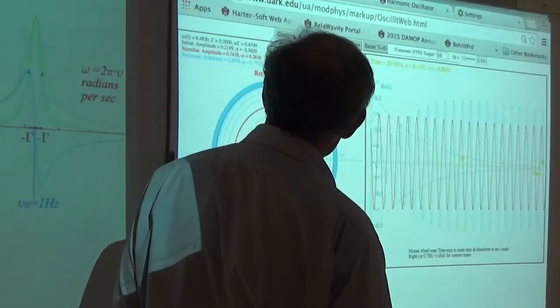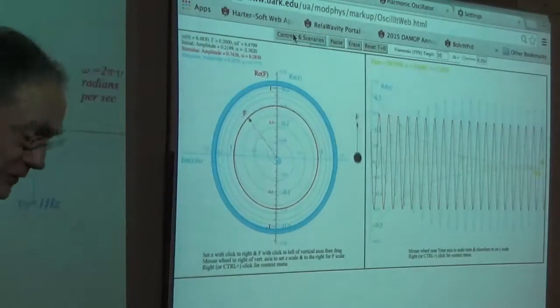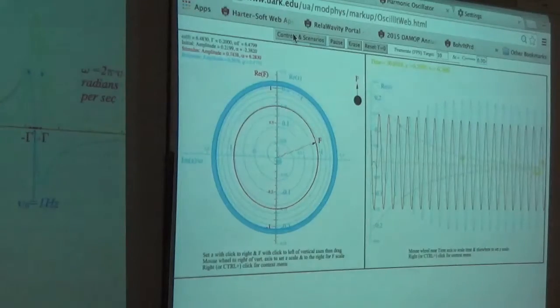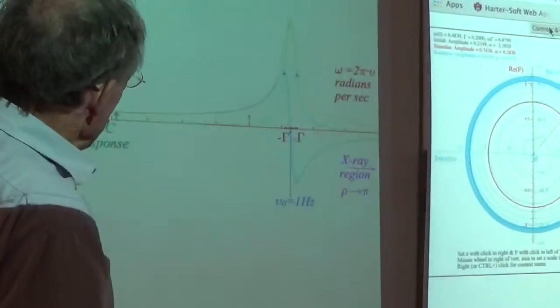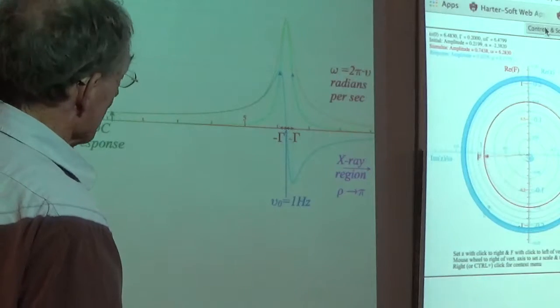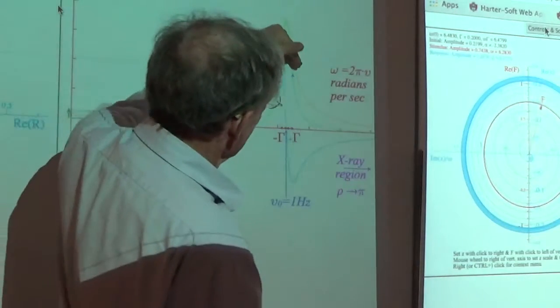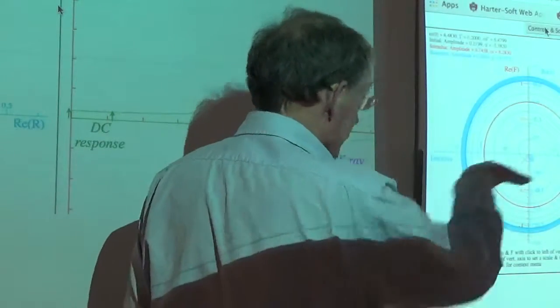Let's see what happens if we go close to the next one on here. This is where, instead of this one coming back to DC, this is lopsided. This drops off to zero.